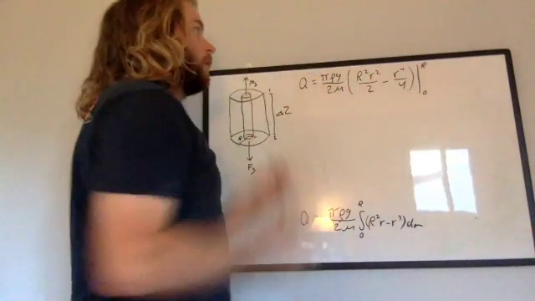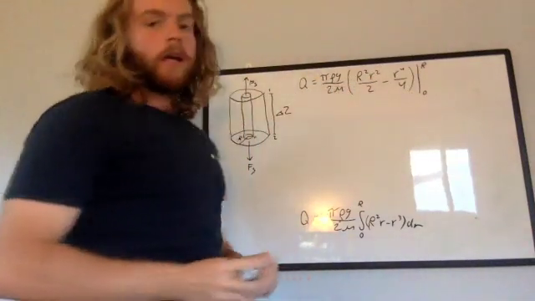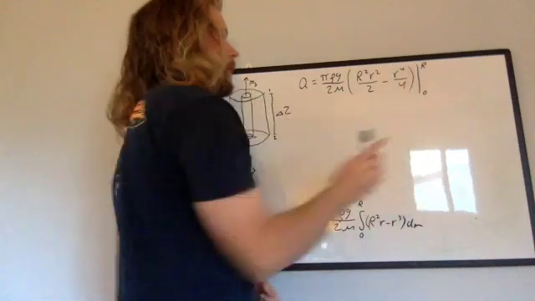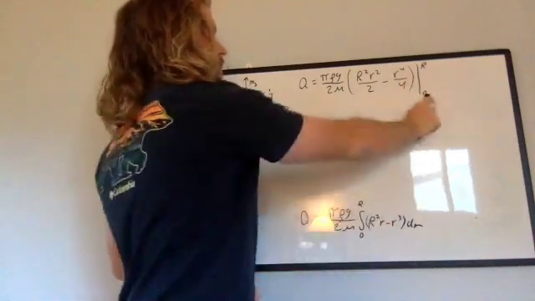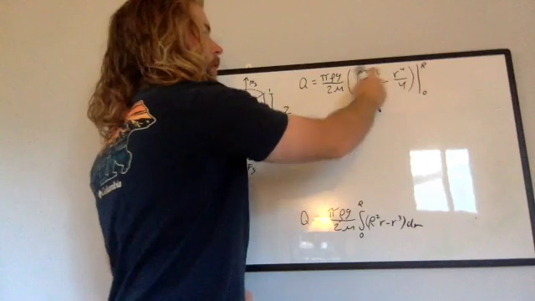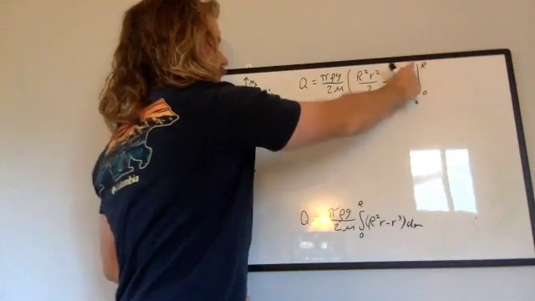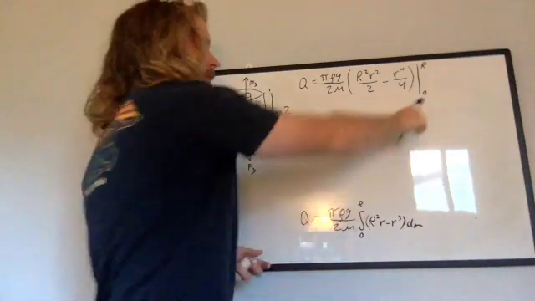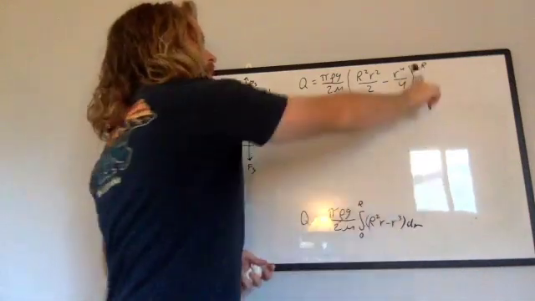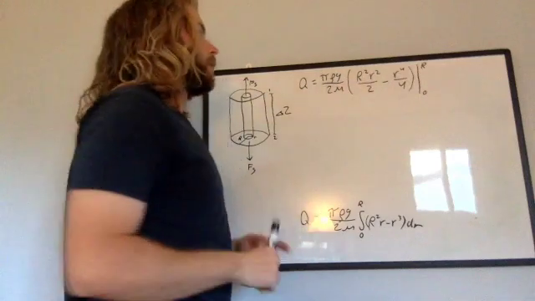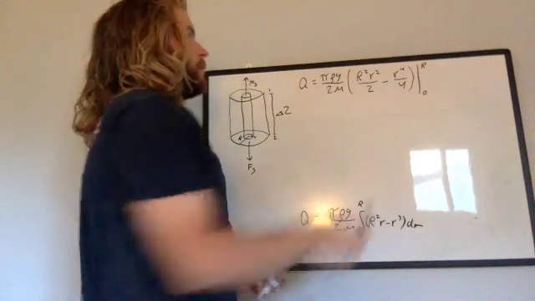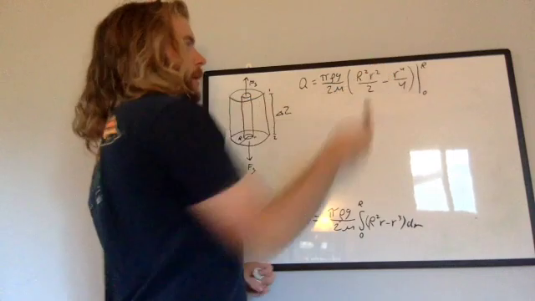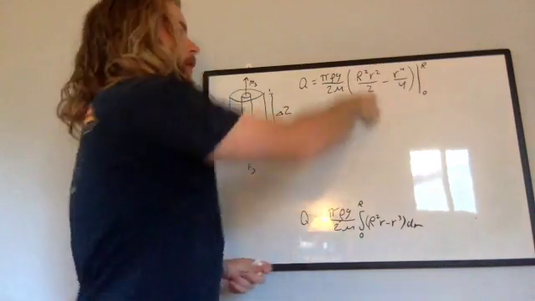There we go. And as you can see here, when we plug in our bounds of integration, we're not going to really have to worry about our lower bound, because if we plug in 0 for our little r, this is going to become 0, and this is going to become 0, and it's all going to be 0, so we're not even going to have to worry about that. We're only going to be plugging in our upper bound over here, our big R, and then when we do that, this little r squared becomes a big R squared, which is going to be getting multiplied by another big R squared.